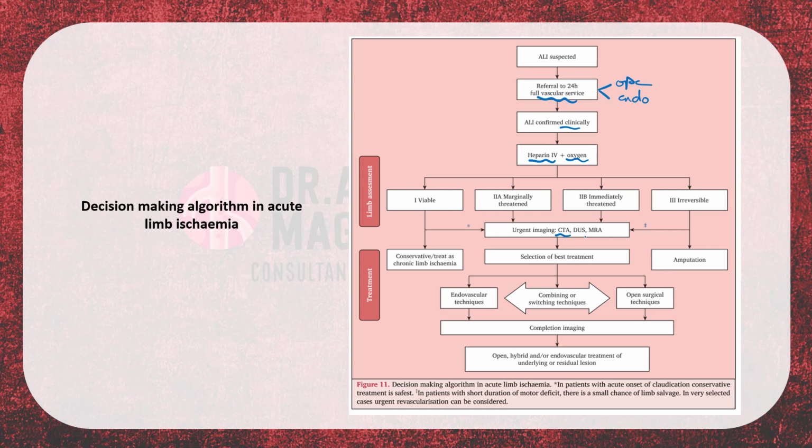It is better to do CT angiography, duplex ultrasound, or MRA, and then select the best treatment modality. You have to think dynamically: either choose the endovascular technique only and know when to convert to an open surgical option, or choose the open surgical technique and know when to convert, or combine the open surgical technique with the endovascular technique.